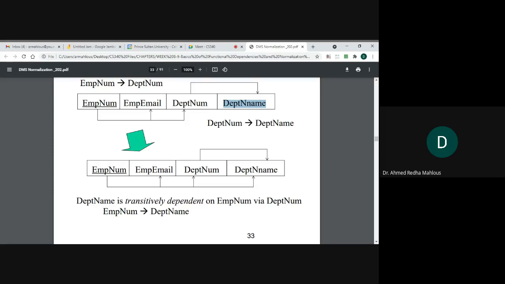And department name was not there at the beginning, but by transitivity I have it now. That means department name is transitively dependent on employee number. This is another example of transitivity in functional dependency.